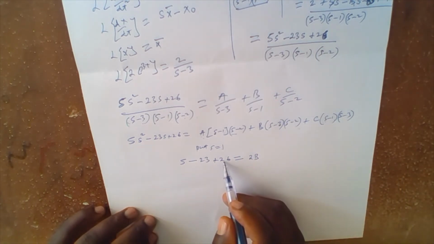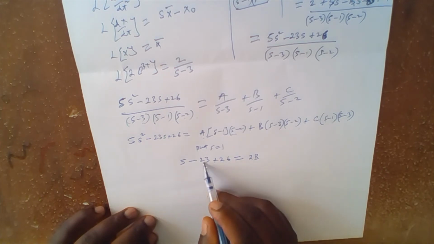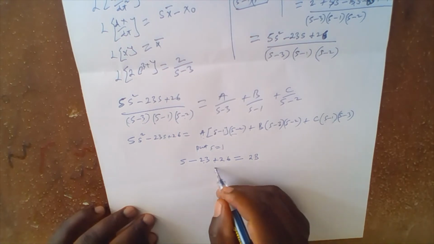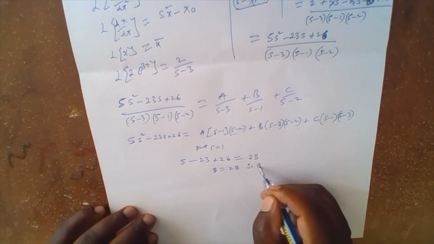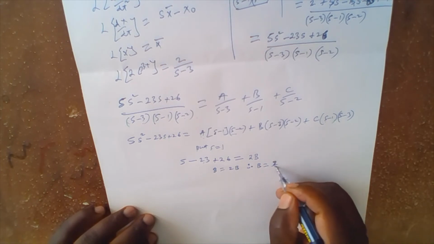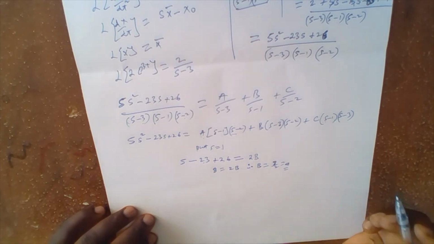So 26 minus 23 is 3, 3 plus 5 is 8, equals 2B. Therefore B equals 8 over 2, which is 4.